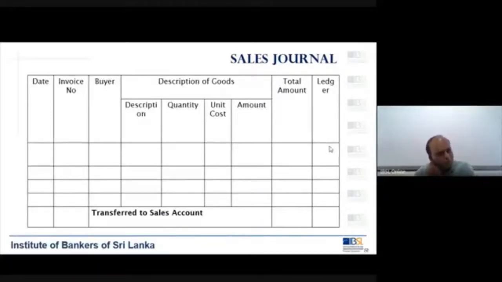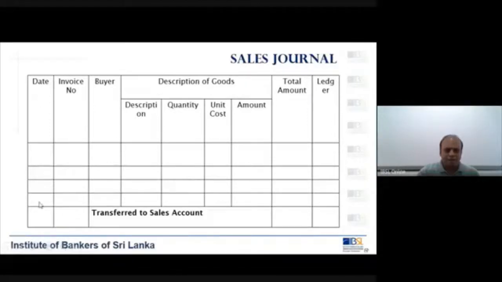What we mean by sales day book is that when you enter into a credit sale, you have to record it in your books. The book that you are going to use is called a sales day book or a sales journal. Any name can be used for this purpose. The sales day book will look like what is visible on your screen now.